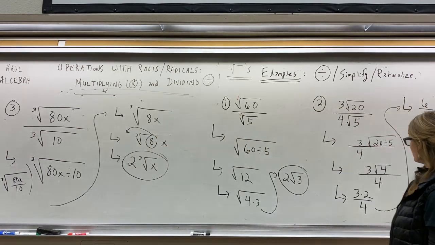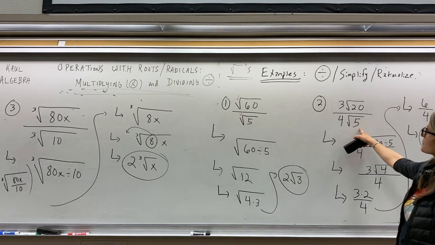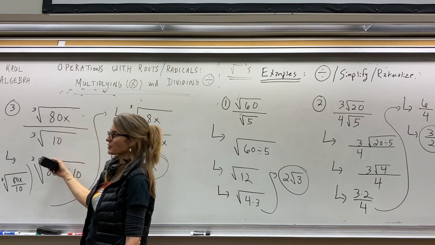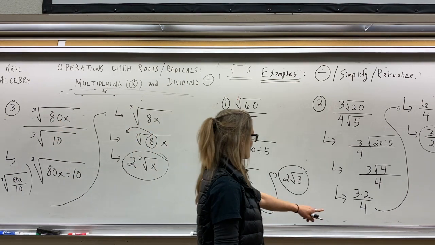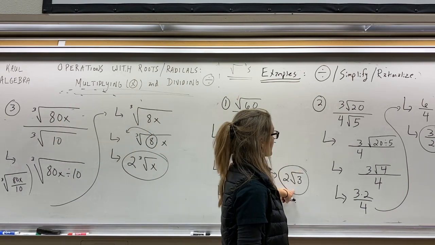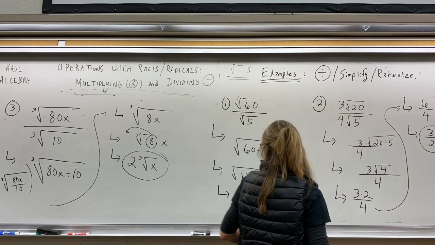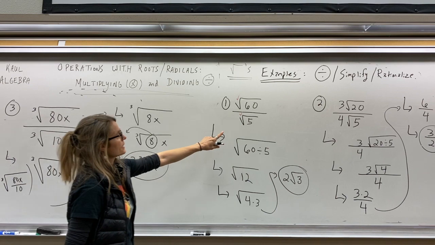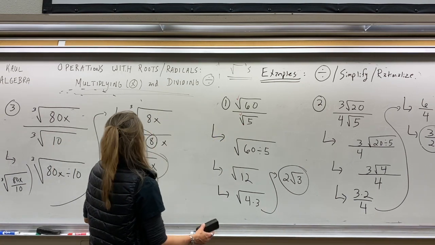Okay, now for our very last step, which is to rationalize. So far, I've given you examples where all the square roots just disappear. In these problems, we didn't end up with any answers that had square roots in the denominator. But we're not allowed to have any roots in our denominator in our final answer.